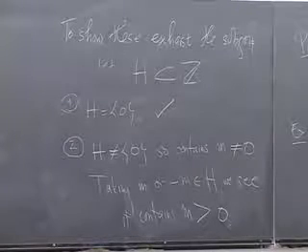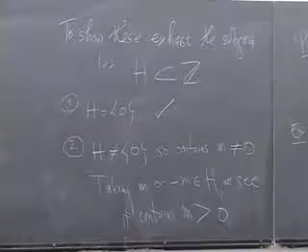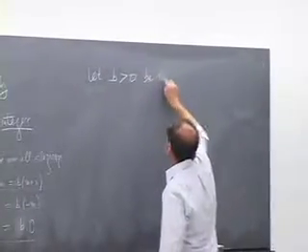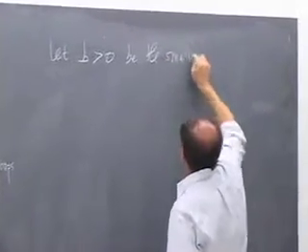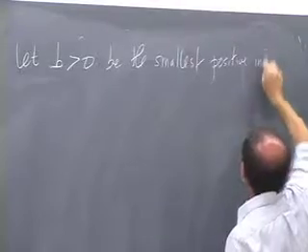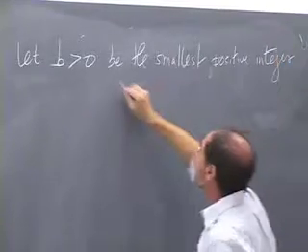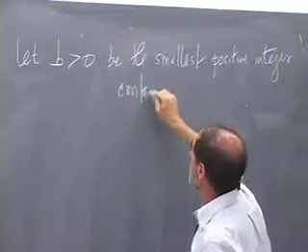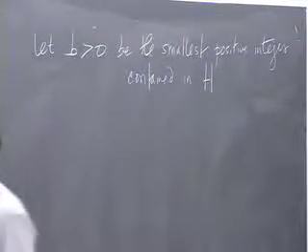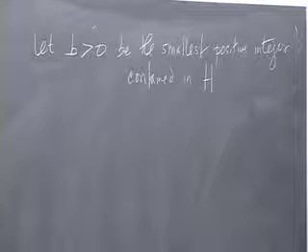Okay. And then the trick of the Euclidean algorithm is to let b, greater than 0, be the smallest positive integer contained in H. So since it contains positive integers, it contains the smallest one. Okay?